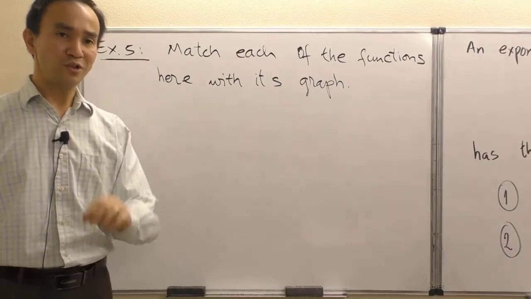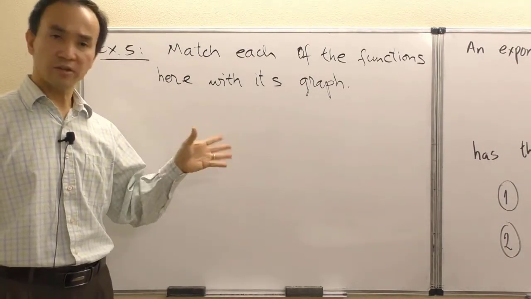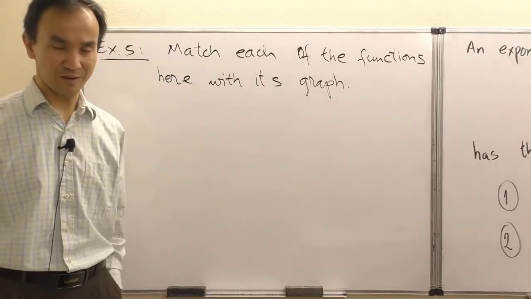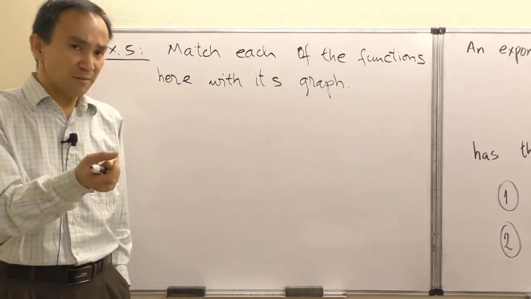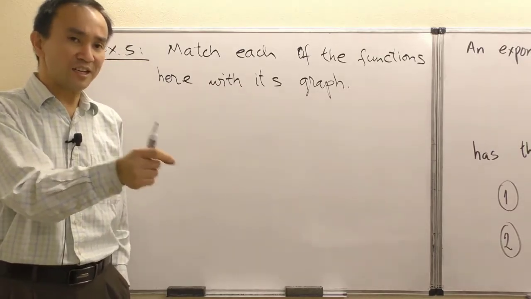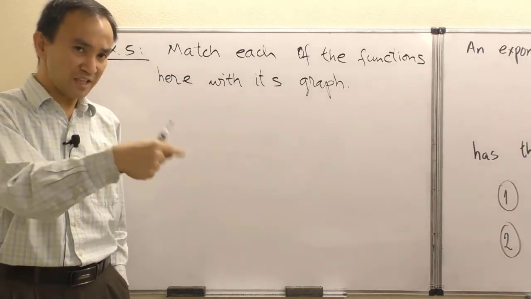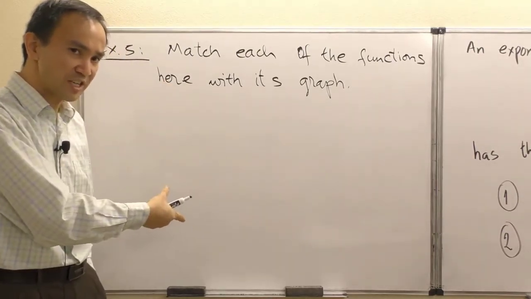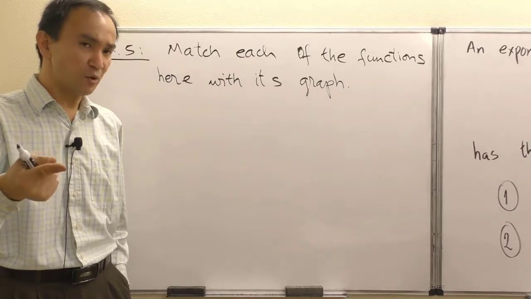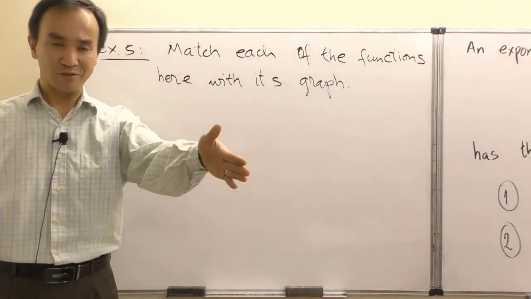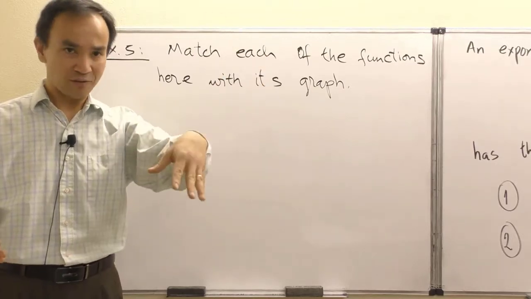So what I'm about to do now is give you a list of maybe 4 or 5 or even 6 exponential functions. You already have, I believe, a solid enough understanding regarding the graphs of these exponential functions. So I'm just going to give you a list of about 5 or 6 exponential functions written down as equations, and then I'm going to put on the screen the graphs of those different ones.